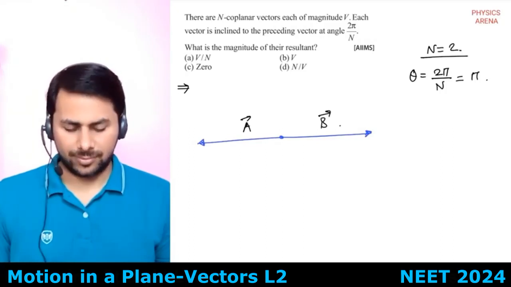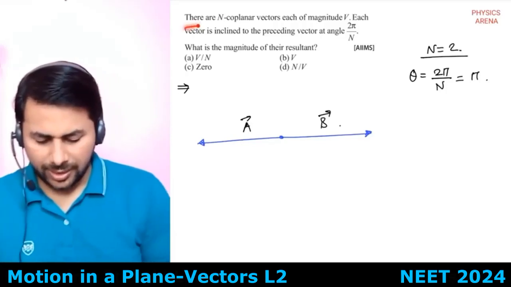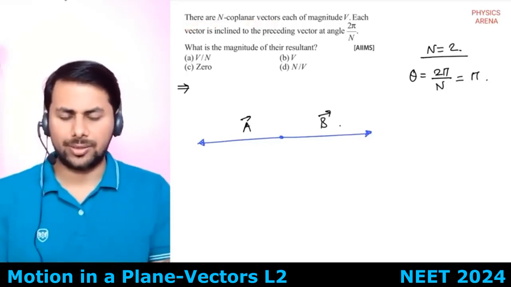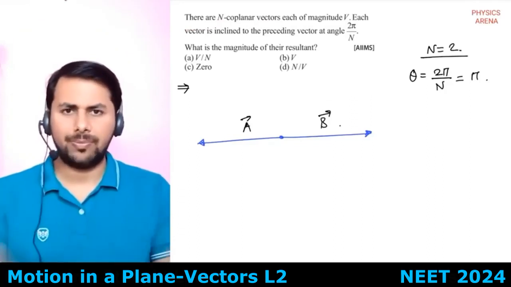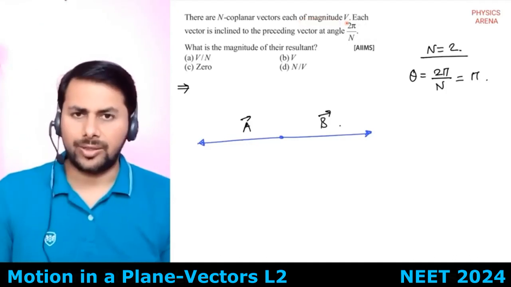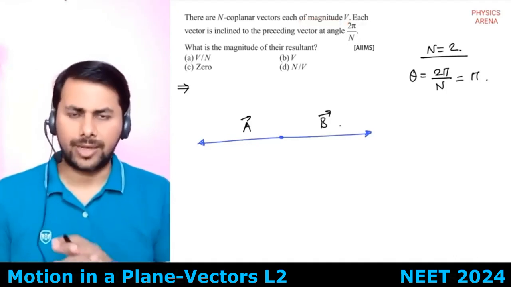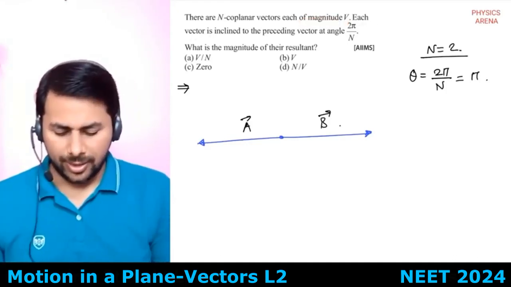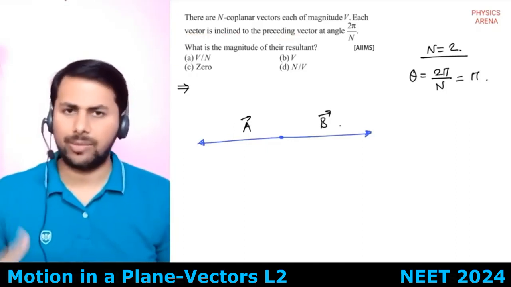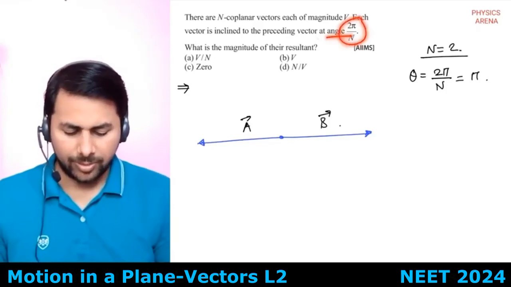Sir, can you repeat the question once again? The question is, there are n coplanar vectors. You have n vectors coplanar. You can draw them on one plane only, not in space, of magnitude v. The magnitude of all of them is equal. Each vector is inclined to the preceding vector, to the previous vector, at an angle of 2 pi by n.